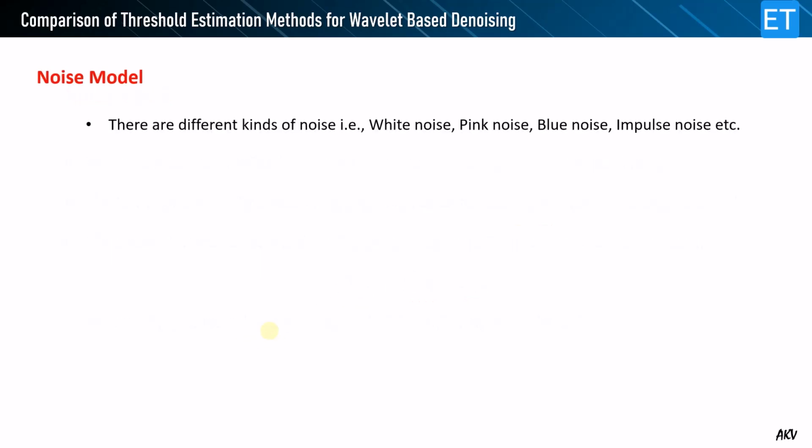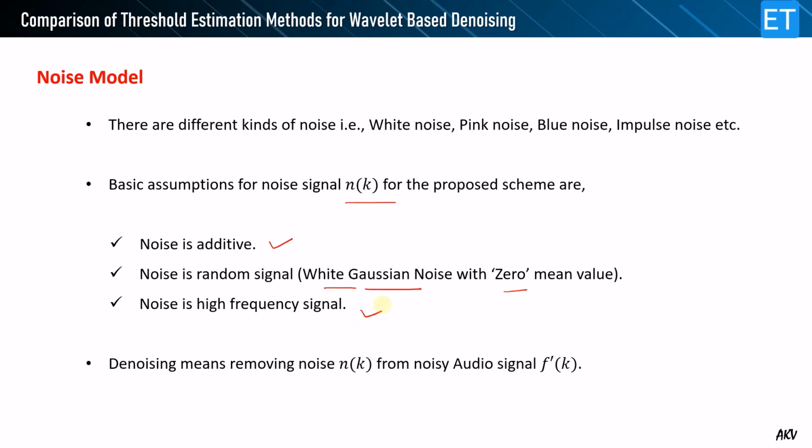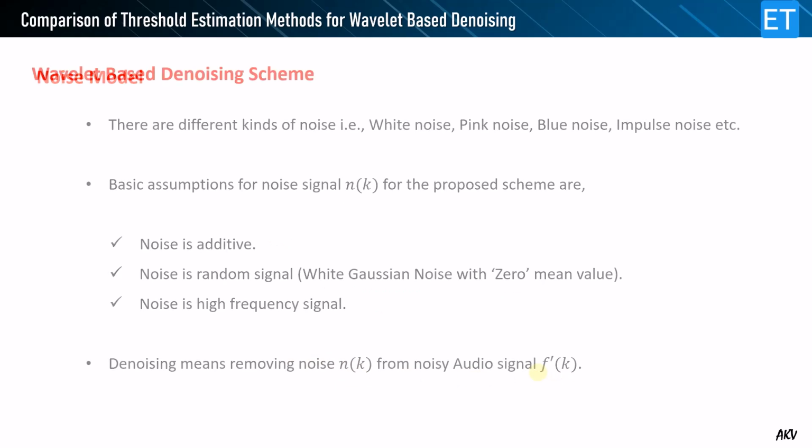There are different kinds of noises like white noise and non-white noises. Here our basic assumption about the noise signal n_k is that noise is additive. Here I'm taking Gaussian noise, white noise actually, with a zero mean value, and the noise has a high frequency. So denoising means removing this noise signal from the noisy audio signal f_k with the help of the wavelet transform technique.